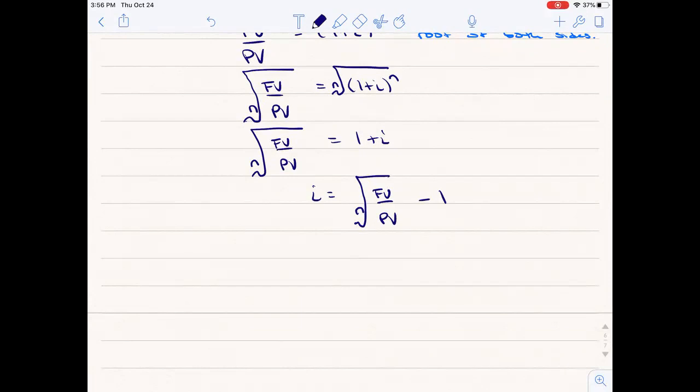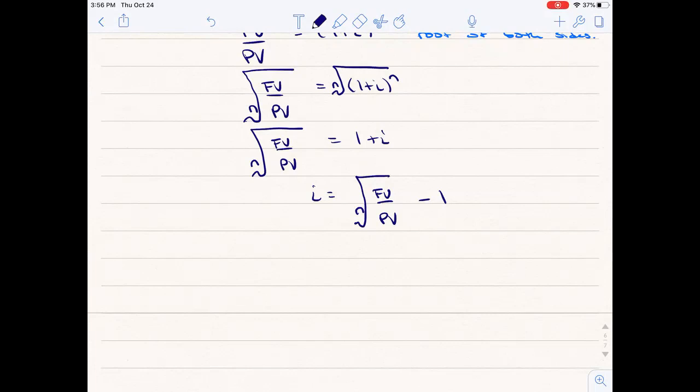Remember what I is. I is the periodic interest rate. These interest rates are going to be really small, right? Even 6% becomes 0.06, but then if we're compounding semi-annually, for example, it becomes 0.03. So usually the future value over the present value, once we take the nth root, will be 1 point something something, right? That's why we have to take away that 1 to bring it back to size.